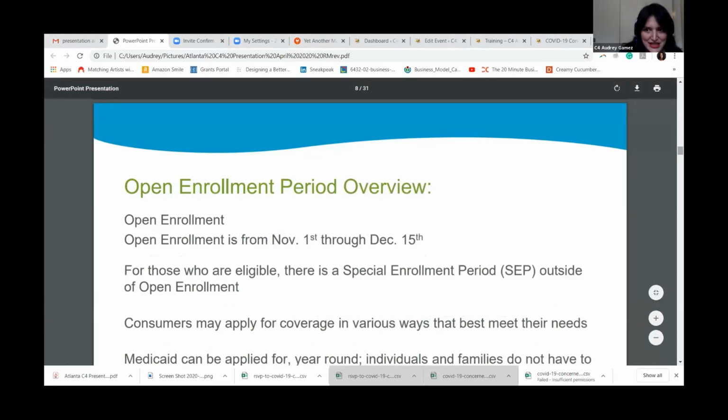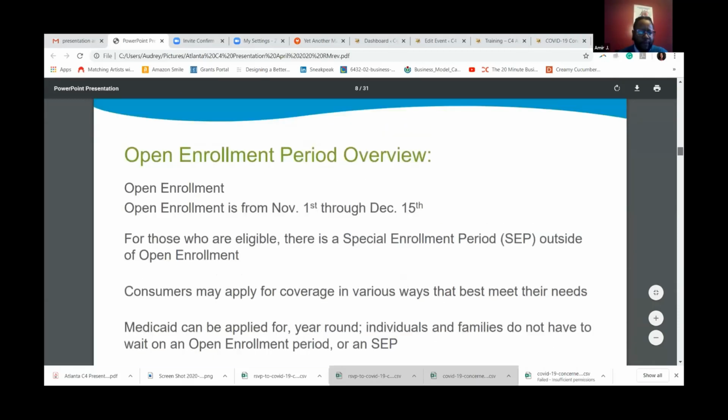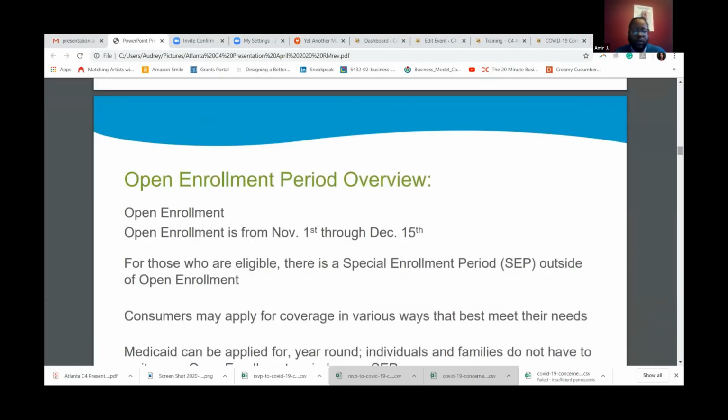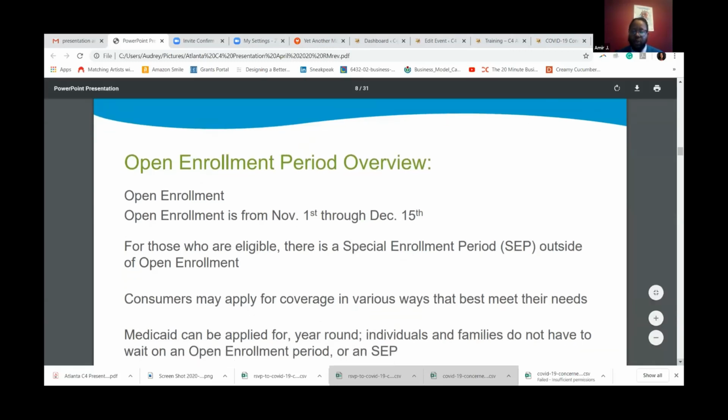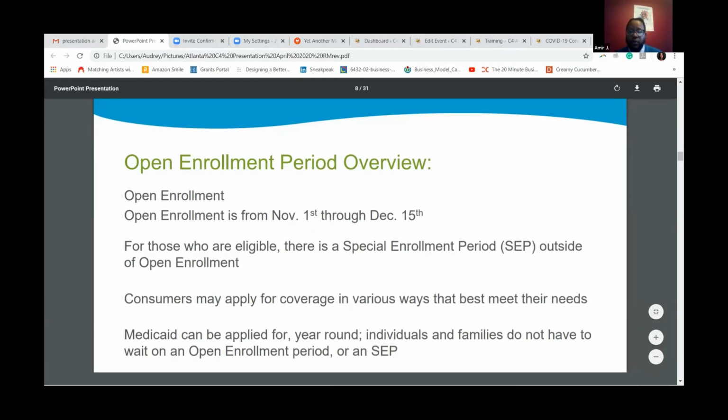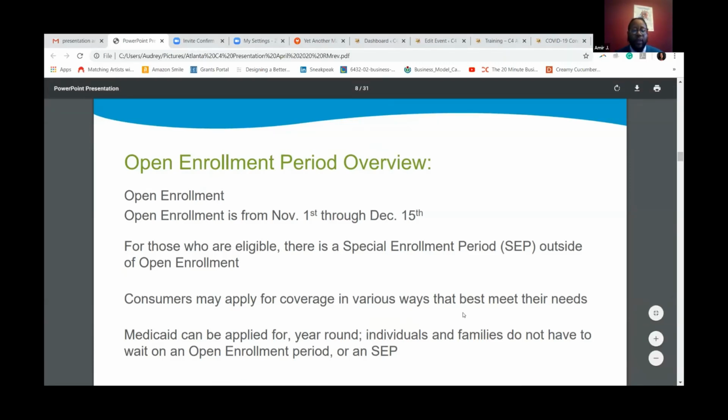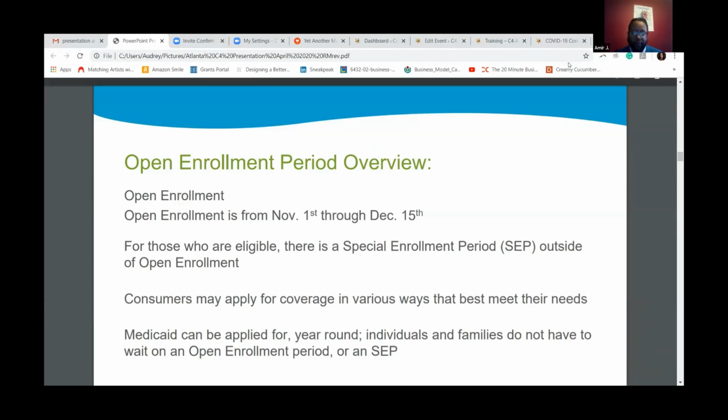Okay. So, yes, this is where we are. Excellent. Okay, great. So just to give folks a brief overview, there are 2 enrollment periods with the exchange. You have open enrollment, and then you also have a special enrollment period. Open enrollment every year goes from November 1st through December 15th. Special enrollment periods begin after December 15th.